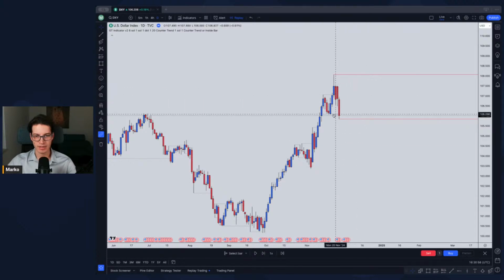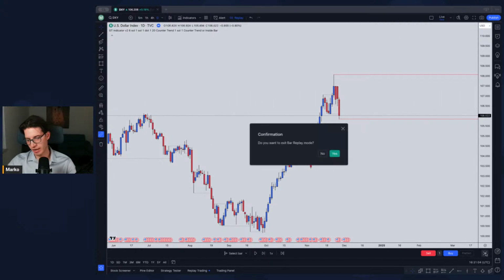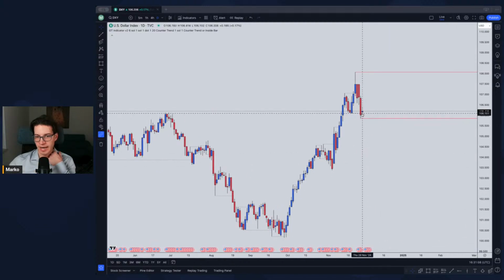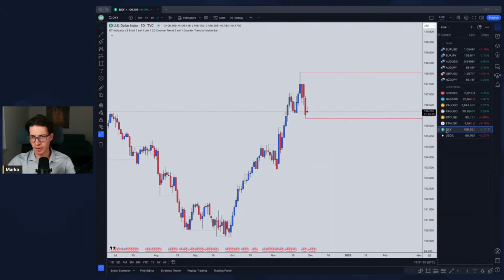So this has broken the structure, printed two big red candles. I don't think this is great. I think this is actually signaling potential dollar weakness. And the current daily candle is indecisive, which makes sense because it's a US holiday, so the volatility is going to be much lower than usual. Yeah, I wanted to cover the DXY.